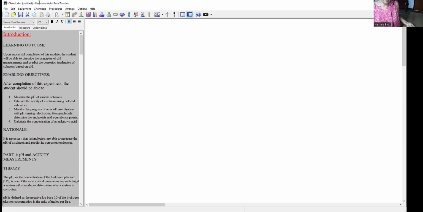The pH and activity measurements: basically you determine the hydrogen ion concentration by adding indicators and observing the change in colors. That is one way of doing it.